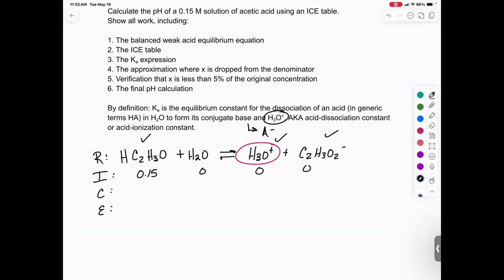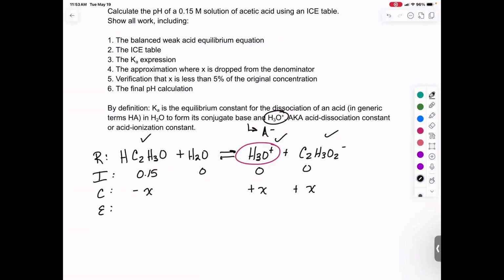We're going to change, right? So our change, and this is where we start putting in our x's here, we're going to add an x for an unknown amount of that concentration that's going to be dissociated in water. And so we say that's minus x, and then we have plus x and plus x over here.